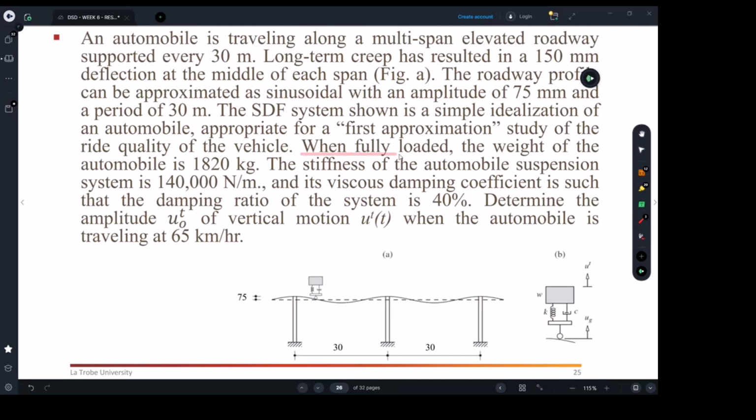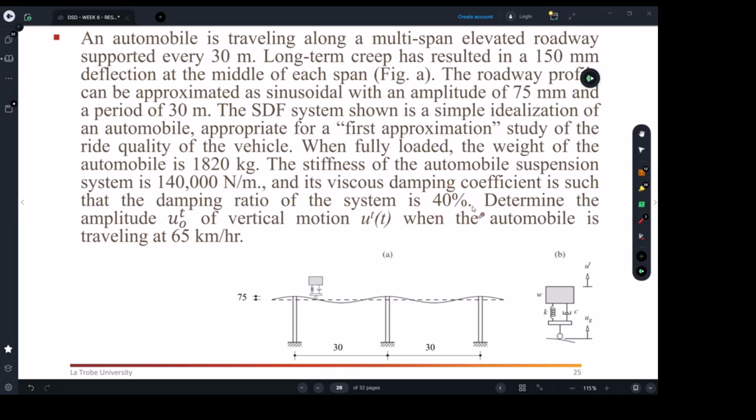So they're saying when the vehicle is fully loaded, the weight of the vehicle is 18-20 kilograms. The stiffness of the vehicle suspension system is this much. So we have the stiffness from the springs, and its viscous damping coefficient is such that the damping ratio of the system is 40%.